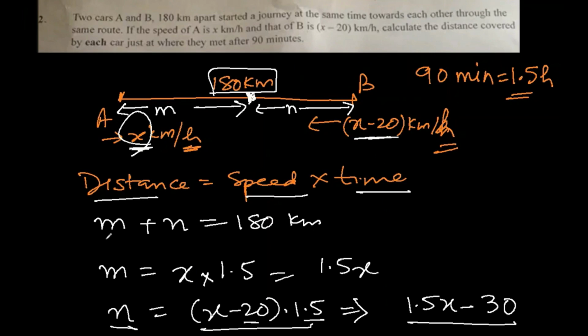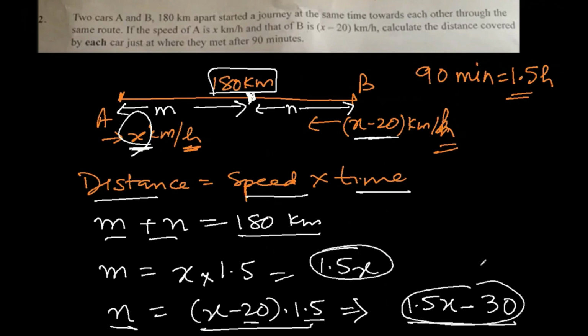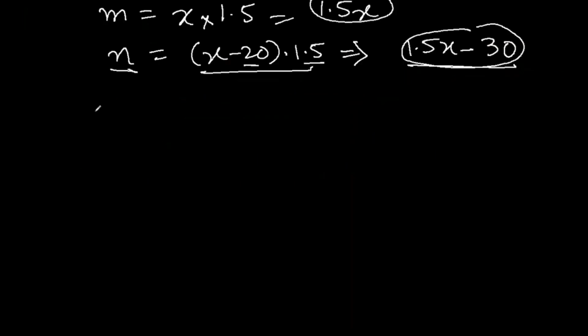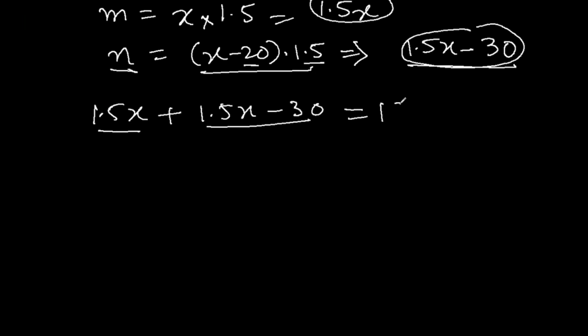So now M plus N is 180, we know, so we can add this. This is M and this is N. Their sum is 180. So let's do that. 1.5x plus 1.5x minus 30. This is M, this is N, is equal to 180.